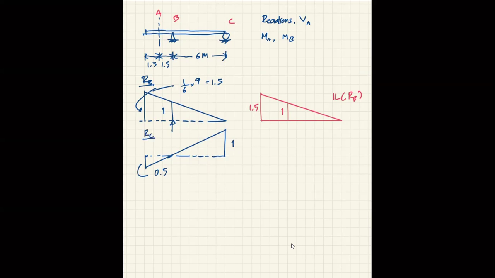So I can redraw this for clarity again. This is 1, this is minus 0.5, and this is, of course, the influence line of reaction at C.